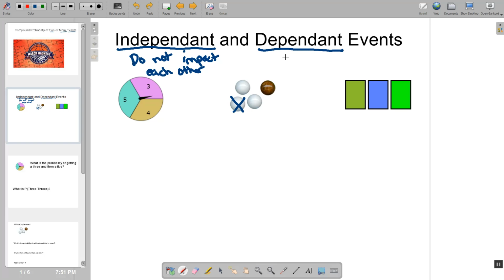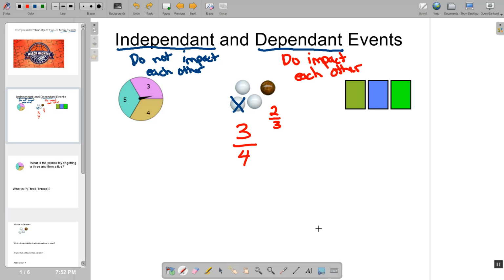And these events do impact each other. Because if I was looking for this first white marble, I have a 3 out of 4 chance to get it. However, when I go to pull the second white marble, I only have 3 marbles left. So now to find that, I would only have a 2 out of 3 chance to get it.